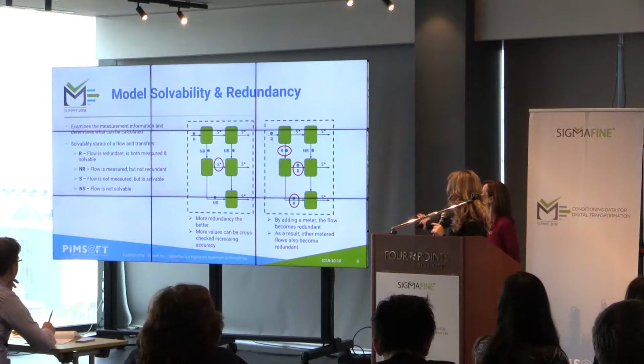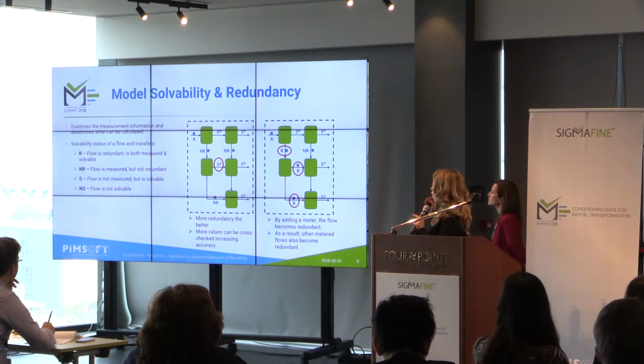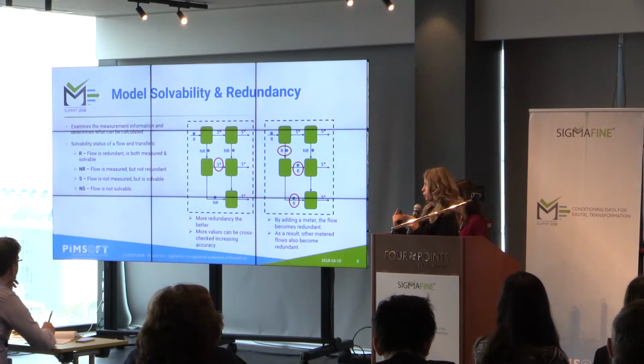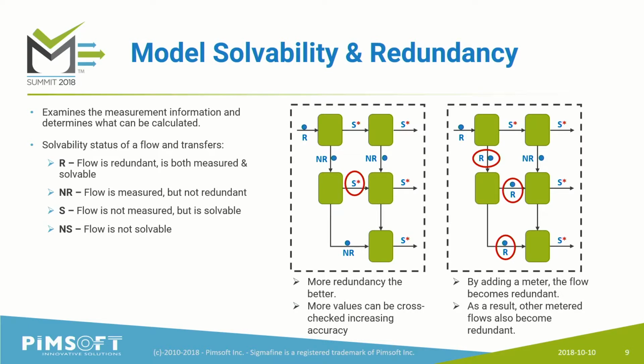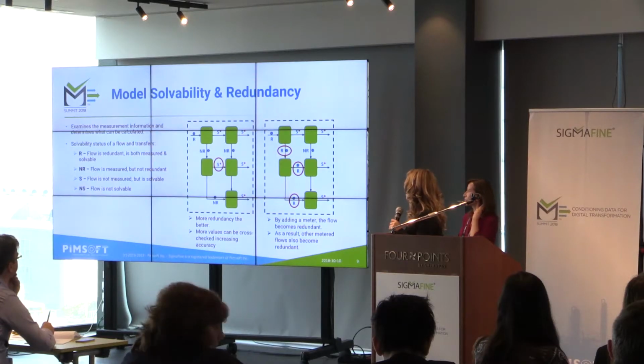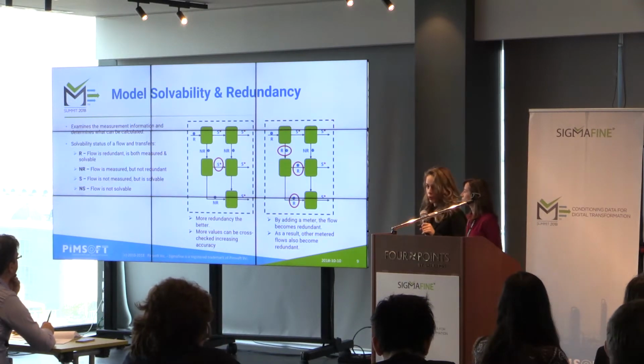But in the second schema, the redundancy changes only because we have one measurement more. So the flow becomes redundant, and as a result, the other two flows also become redundant. So more values can be cross-checked, increasing accuracy and obtaining better results.